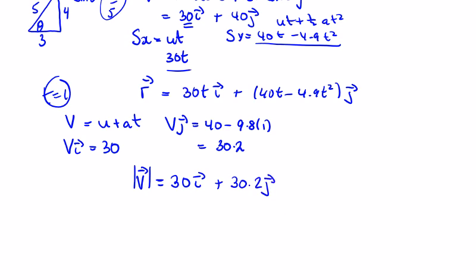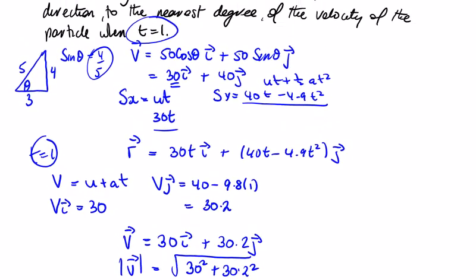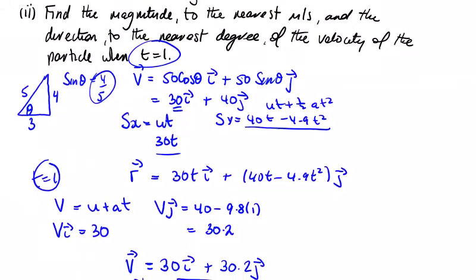Now the magnitude of this velocity vector is the square root of 30 squared plus 30.2 squared. And that is giving me, is it correct to the nearest meter per second?